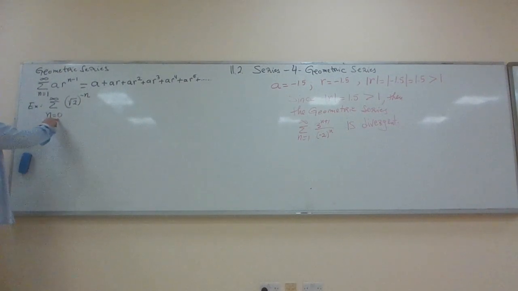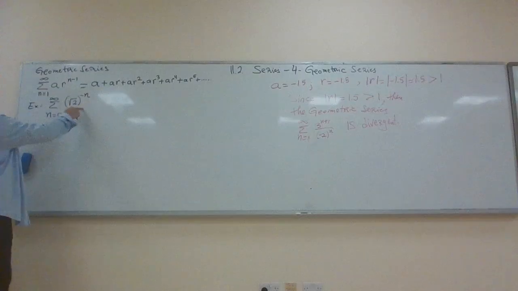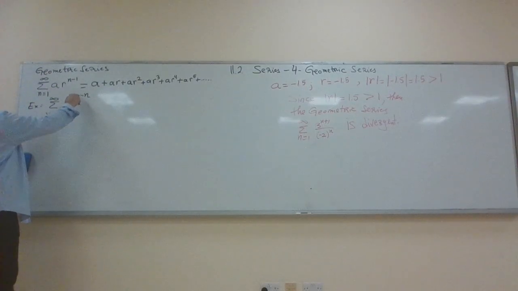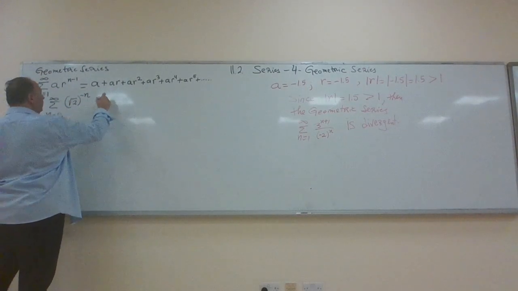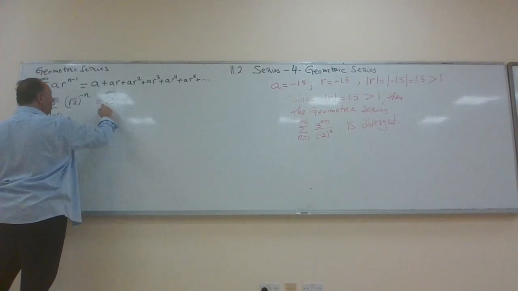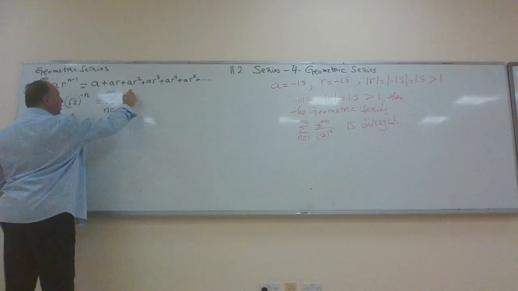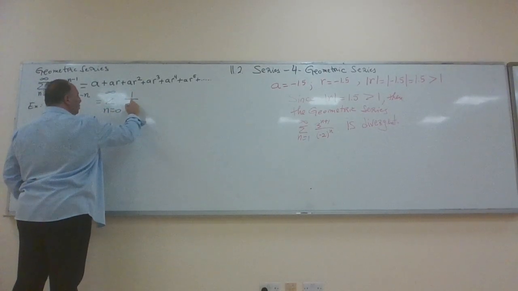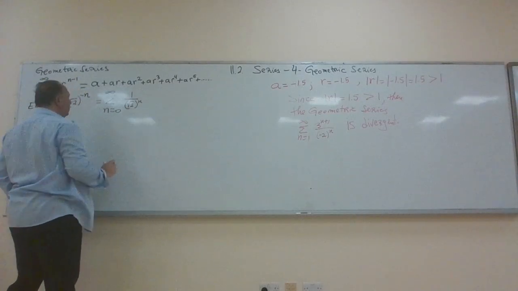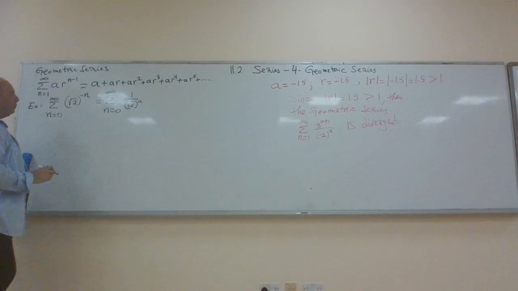So here we start from 0. So here I have minus n. So I can rewrite this immediately. Radical 2 power n. So 1 over.